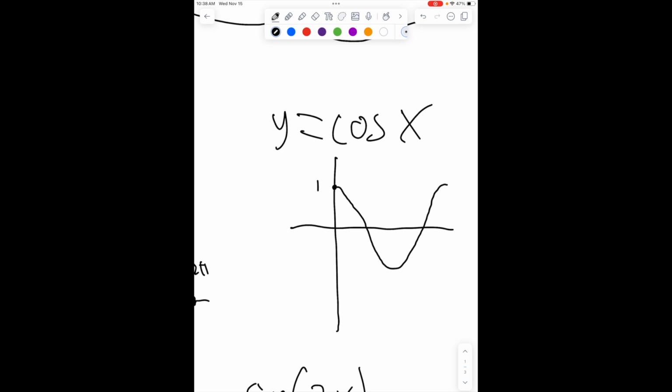Now it still has a period of 2 pi, and this right here is -1. So my graph of y equals cosine x starts at 1 and then goes down to -1.